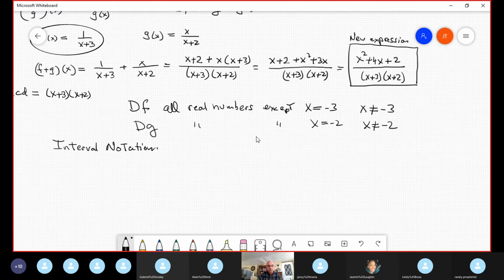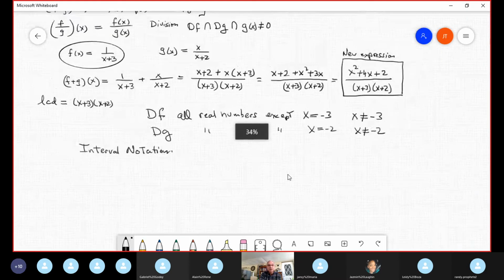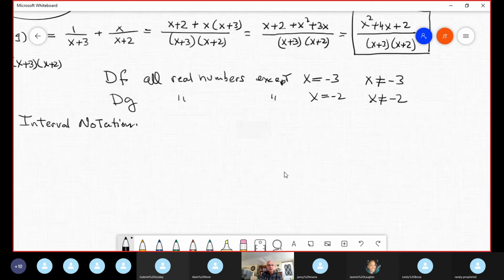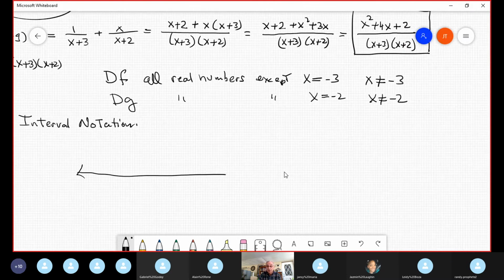So, interval notation, remember, guys, the mnemonic device to do that is, I recommend doing the graphic. This is my famous number line. I identify that we have two holes.